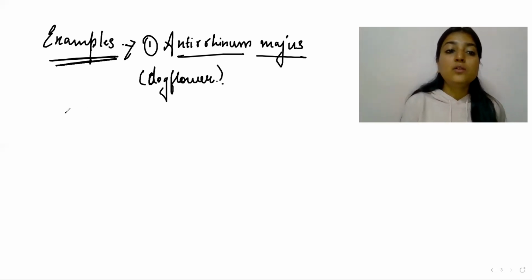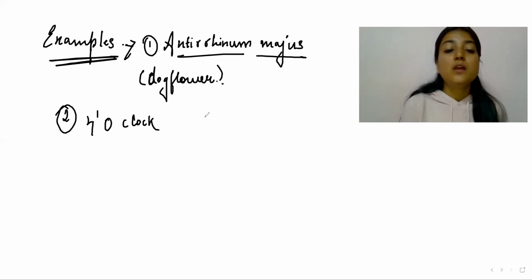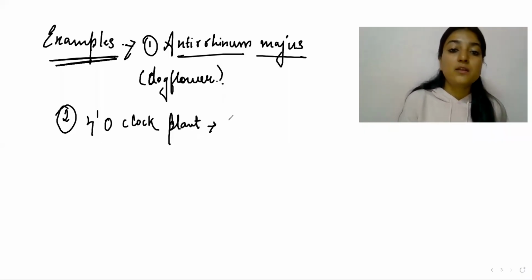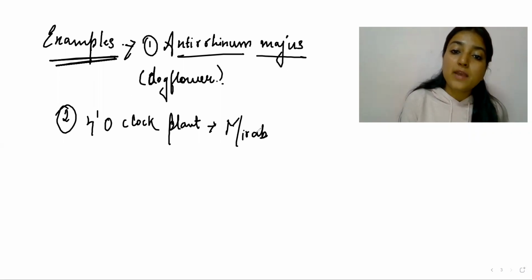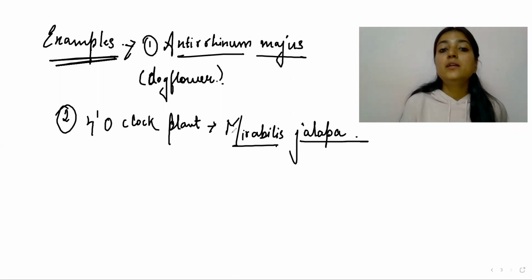The second example we are going to take is the 4 o'clock plant. This is a common name, and the scientific name is Mirabilis jalapa. Common name is 4 o'clock plant and its scientific name is Mirabilis jalapa.